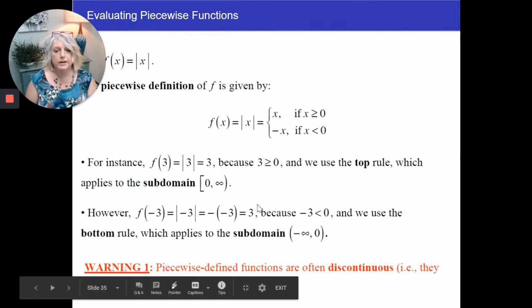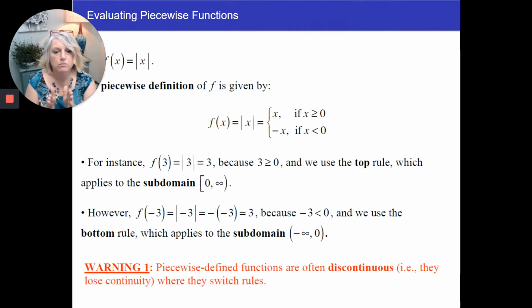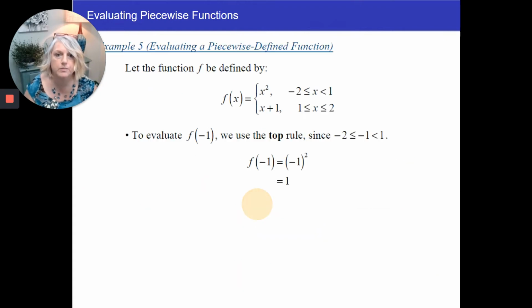Now, one warning: most piecewise functions are discontinuous. Absolute value is continuous. It's connected, and there are no holes or gaps or missing values. But a lot of piecewise functions are going to be discontinuous where you switch from one rule to another, and that's something to pay attention to.